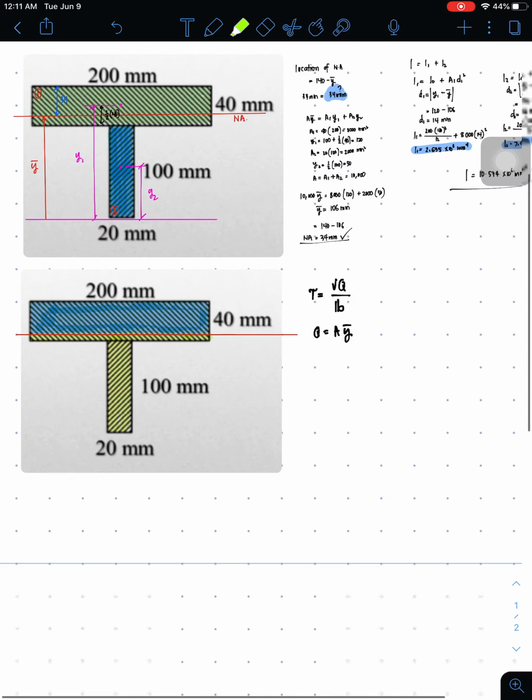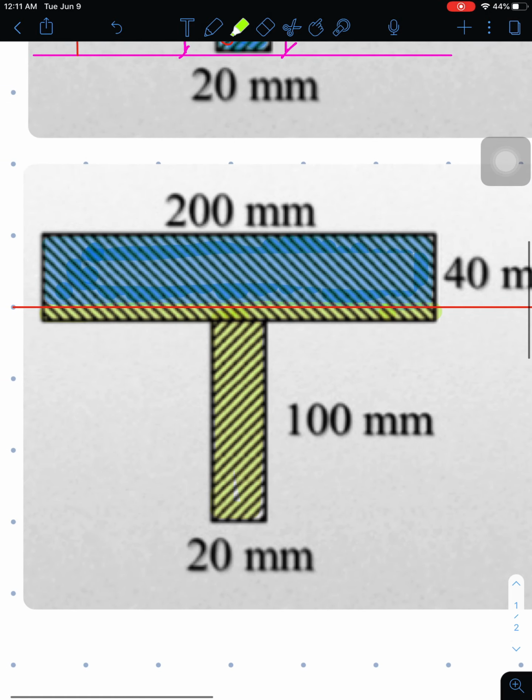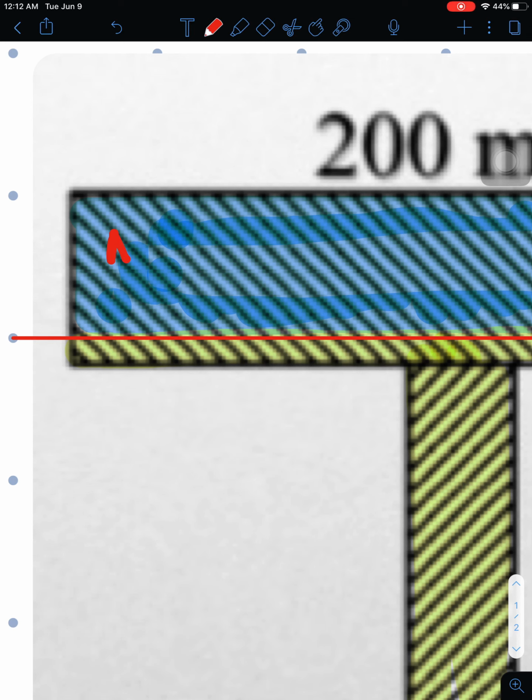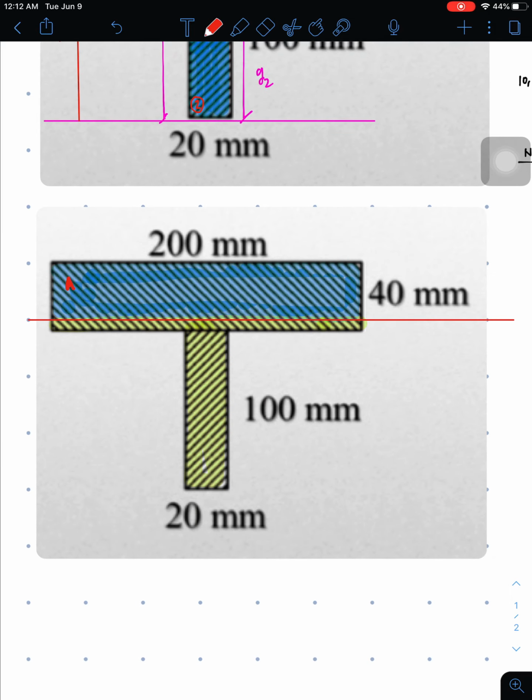And here. So actually, it's really easy to judge which area to consider. So basically, this is the area that we will be considering, bounded by this line.